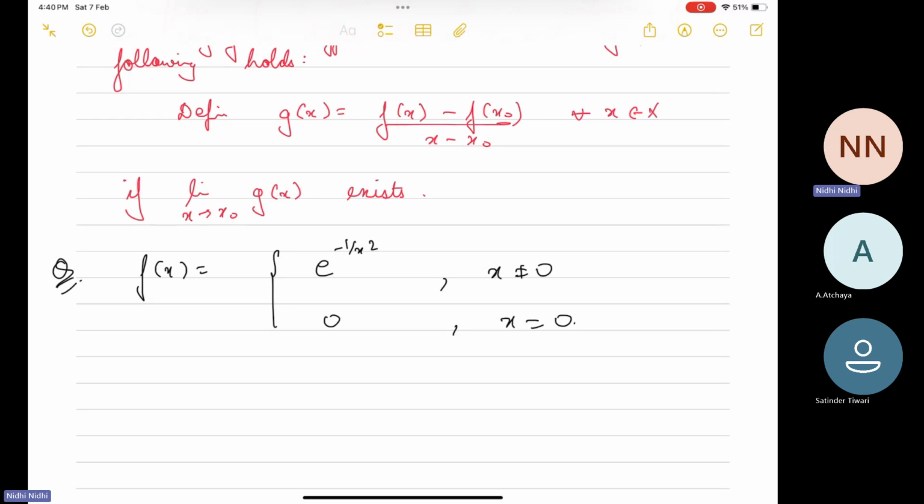We need to check differentiability of this function. So we'll start with the function g. Let's firstly look at how the function g looks like.